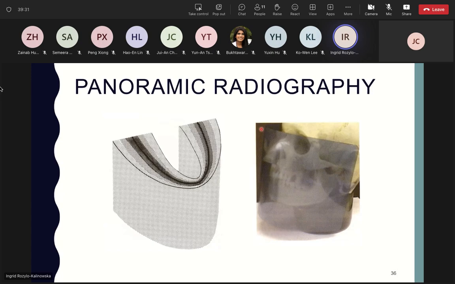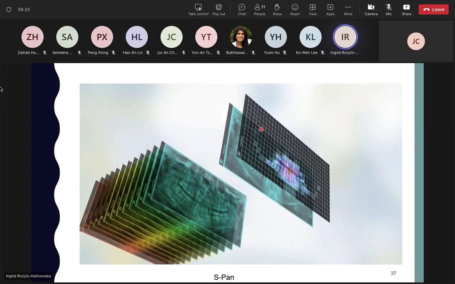In the newest devices, like the devices that we have got in our departments, new technologies are applied in relation to registration of the images because digital sensors are used, and owing to that, instead of one thick slice, up to 20 thin slices are registered during rotation of the X-ray tube.